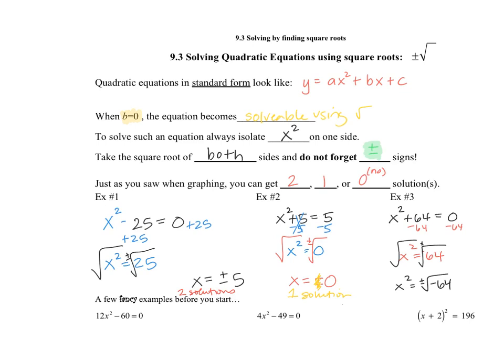There is nothing that we can multiply by itself that will get us a negative answer, so this has no real solution. We say no real solution because it does have an imaginary solution. We just can't fit it on the number line, so no real solution is how you would write that.